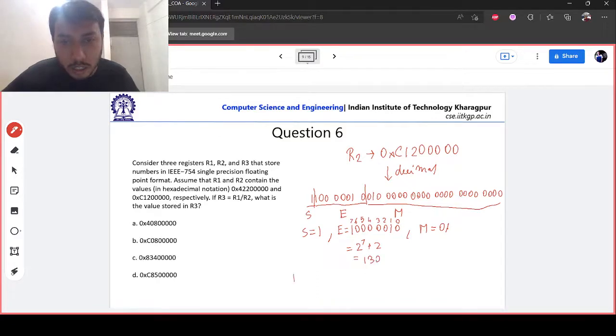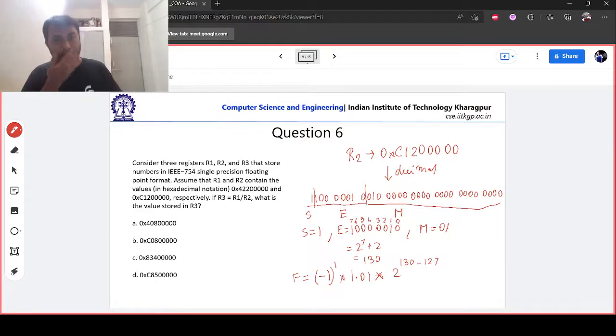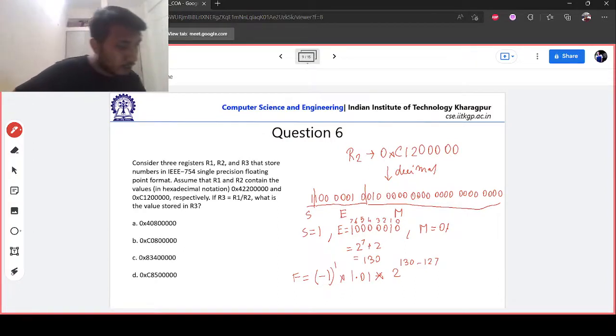So the fraction is minus 1, S value is 1, into 1.01, this value M, then 2 to the power of 130 minus 127, right?